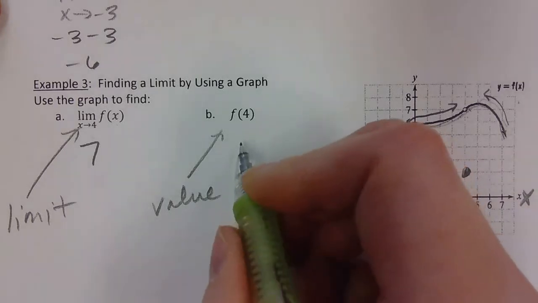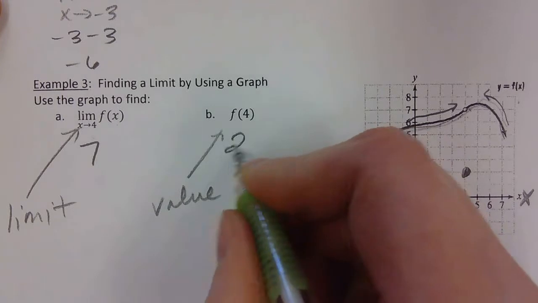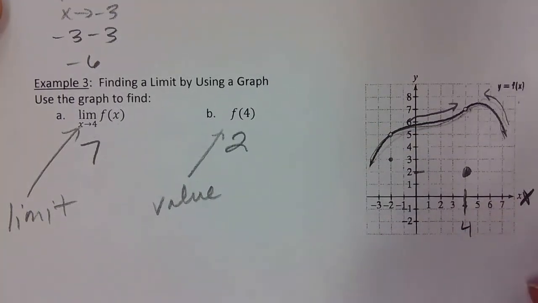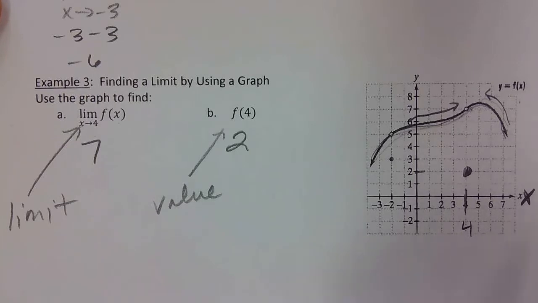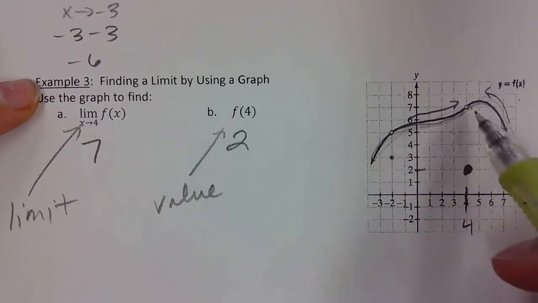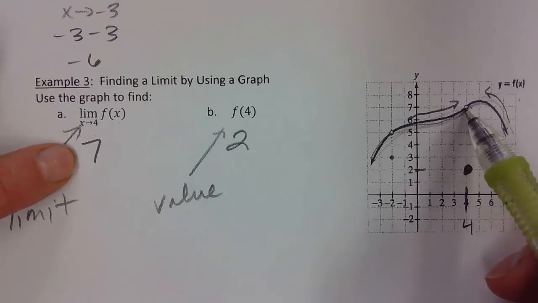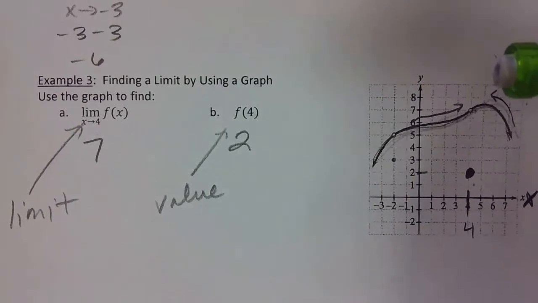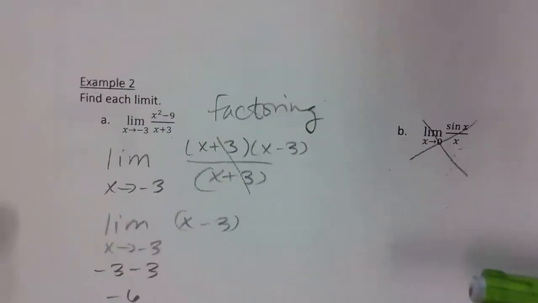So the value when x is 4 is actually 2. And that's because I have this open circle right here. So sometimes the limit doesn't necessarily equal the value. I can find the limit as x approaches 4, and that's one number, but then my actual value is going to be different. So you're going to see a lot of kind of funky graphs today.